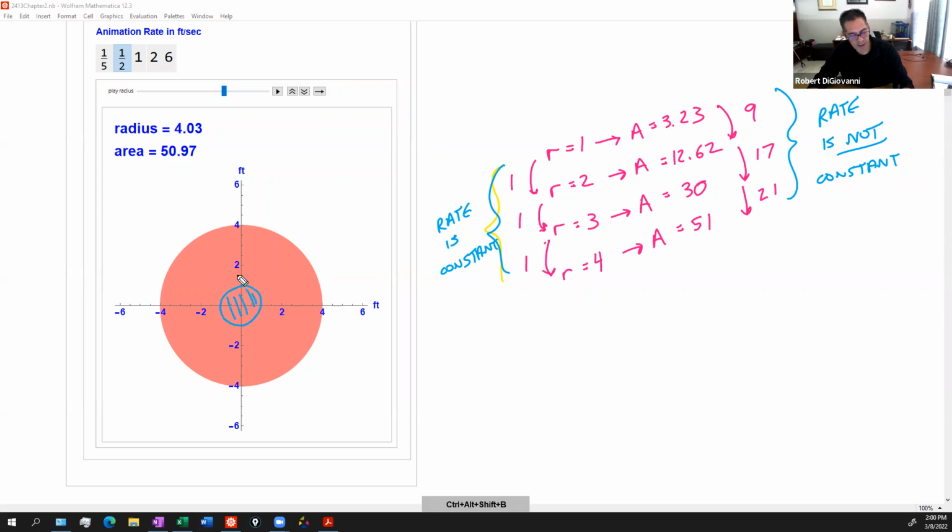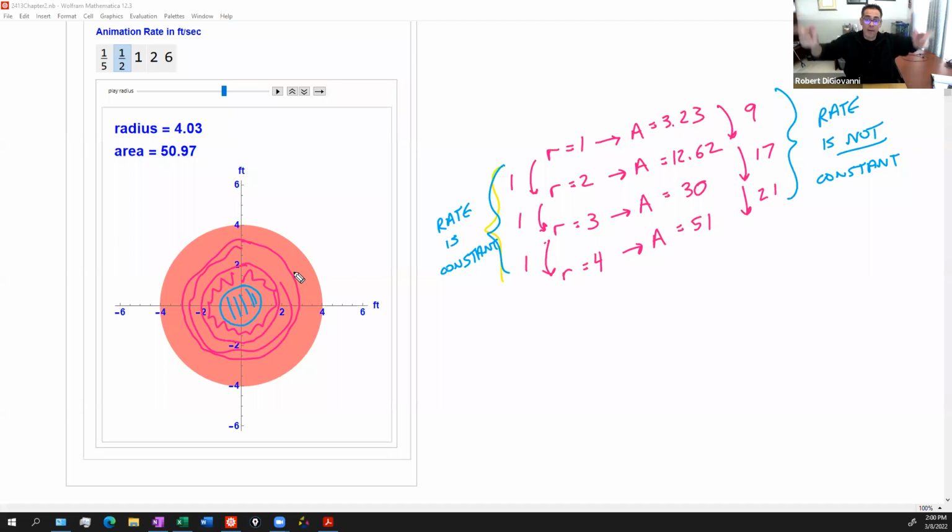But when you go to the next layer and you go out to 2, you've added all of this. Then when you go out another layer to 3, now you've added even more. And every time you go out another layer, because you're further away from the origin, you're adding more area each time. Is this clear to you?